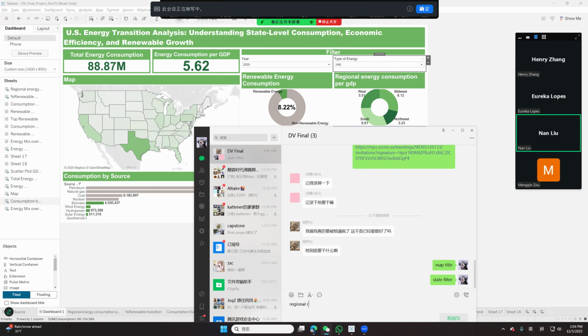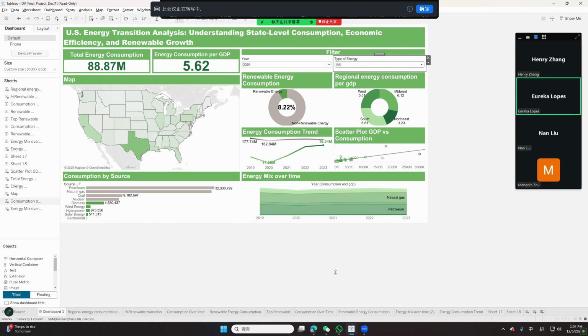What I want to try to tell the story about is that this chart is about the GDP. It's not about renewable or non-renewable. Okay. I'm sure you are still working on it, but do you have a story? Like, okay, Midwest, the GDP consumption of energy is this much, right? We can have a little bit of this is the GDP consumption, but then it just shows a little bit of gray.